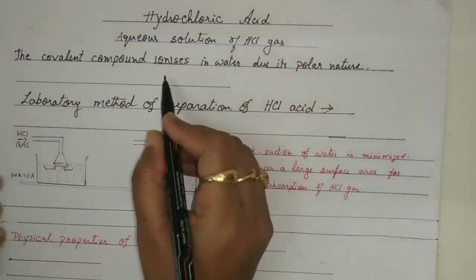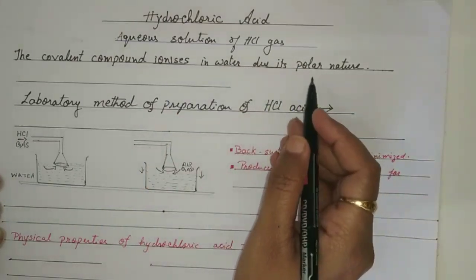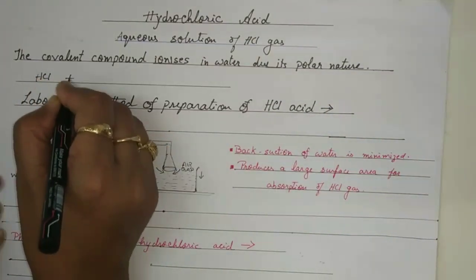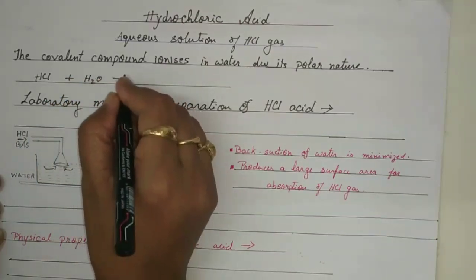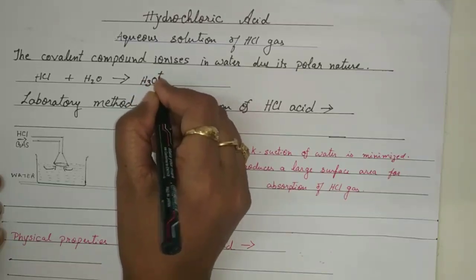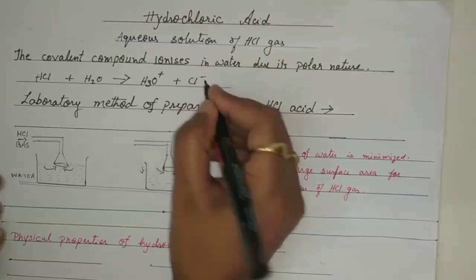It ionizes in water due to its polar nature, and the equation is HCl with water gives you hydronium ion H3O plus and chloride ion.